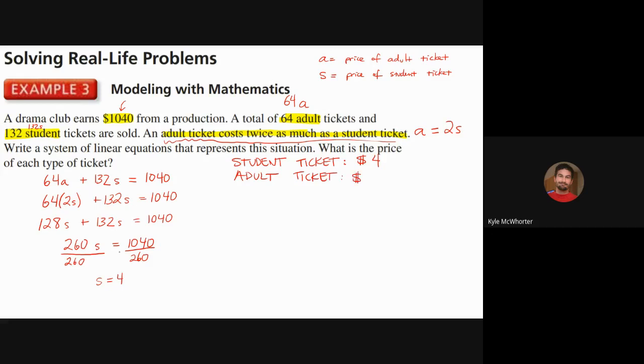And then we need to figure out what an adult ticket costs. So A equals 2S. S is 4. So A is 8. So a student ticket costs $4 and an adult ticket costs $8.